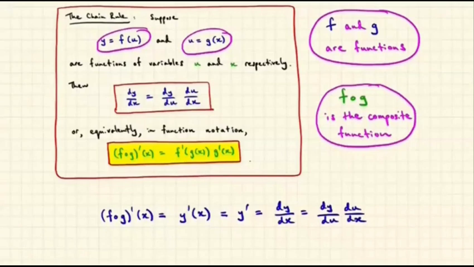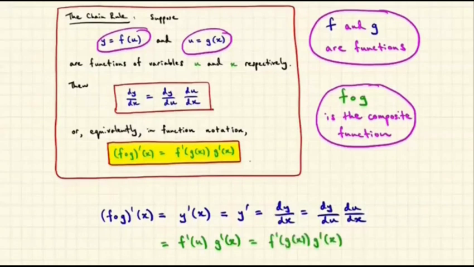So we can now write the chain rule as f dash u times g dash x, which is, as we see here, f dash g x times g dash x.